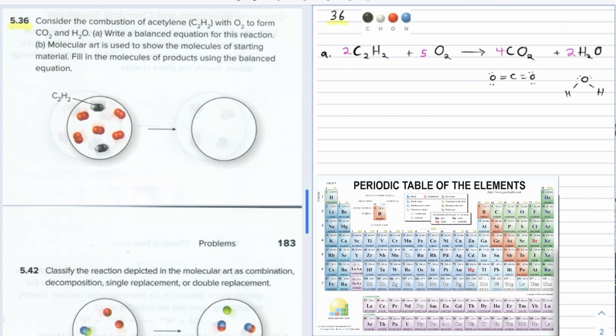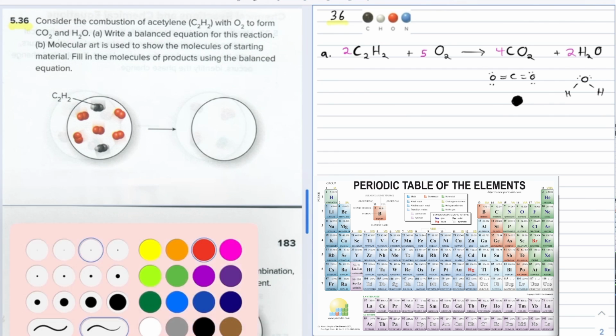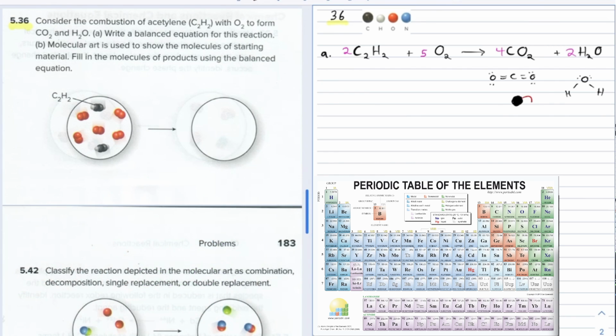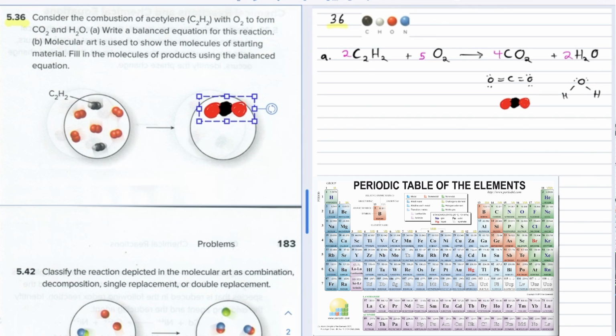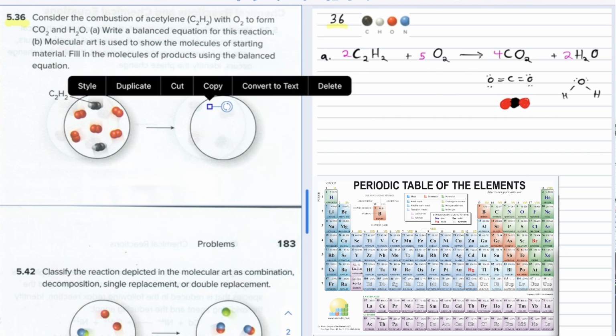So if I were to draw it, I might draw the carbon like this, and the oxygens in red, something like that. Okay, and we got 4 of those. So let me take this, copy it, and paste here.